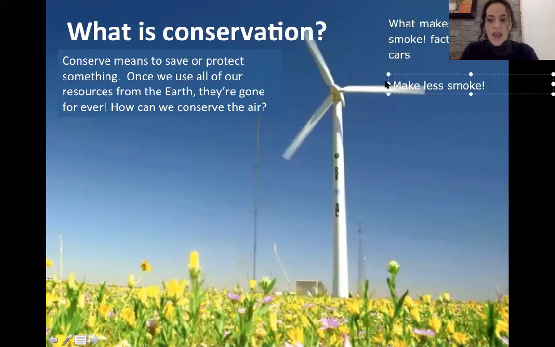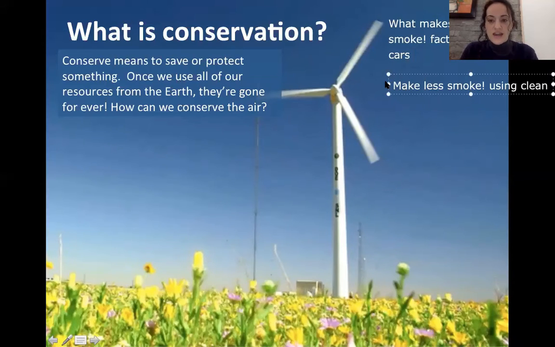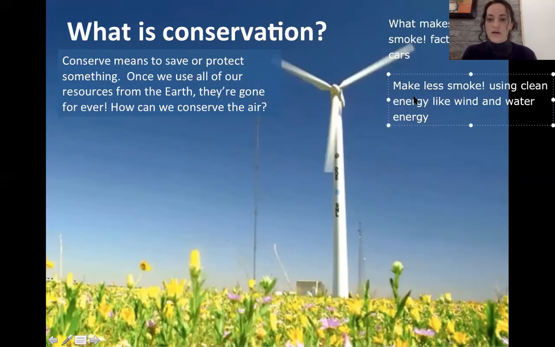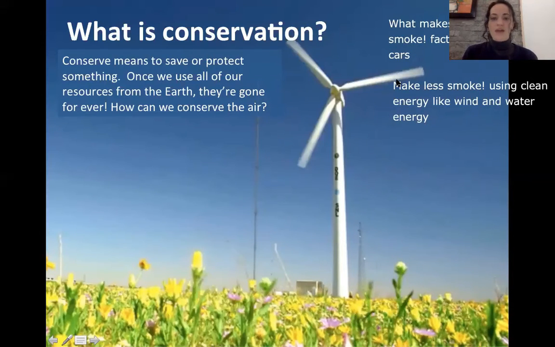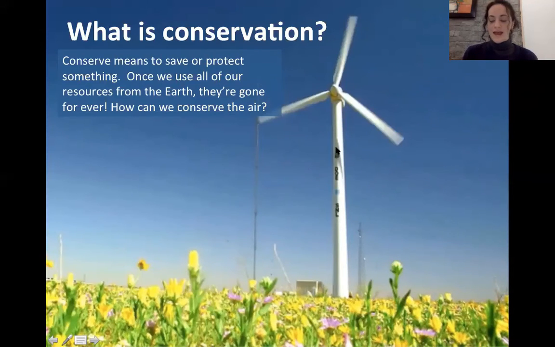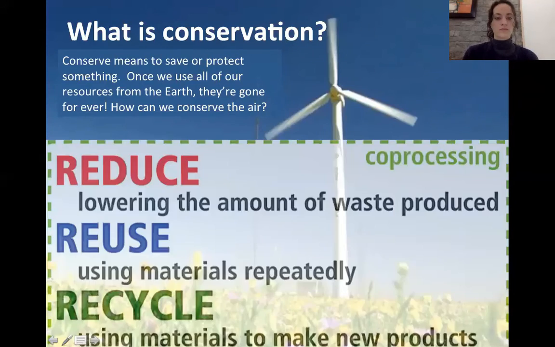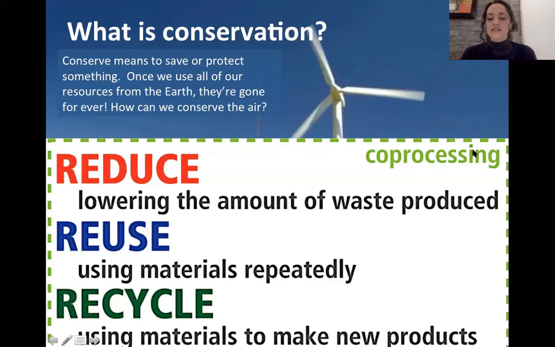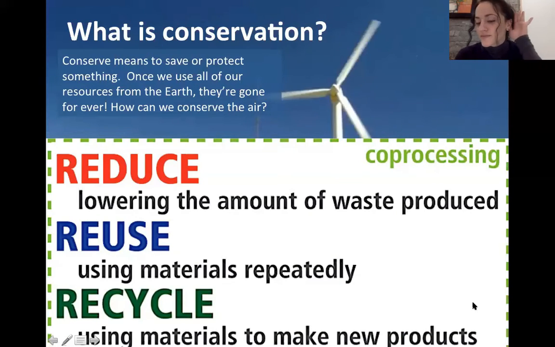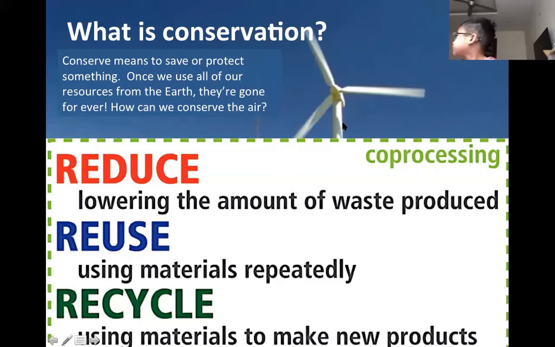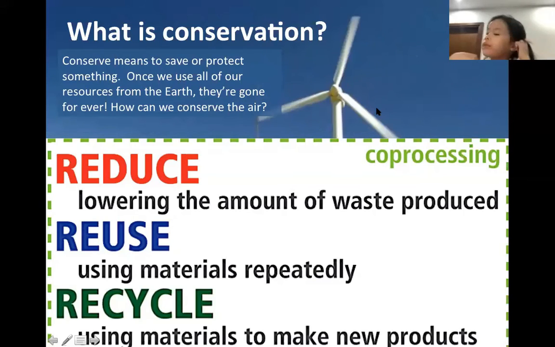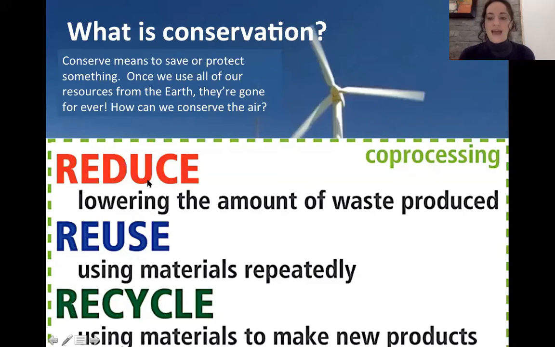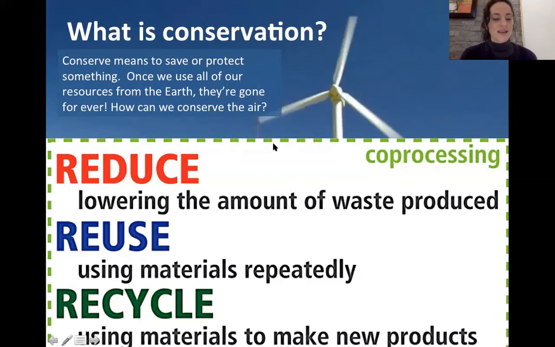We can do this by using clean energy like wind and water energy, like in this windmill right here. Okay, great work, guys. Nice answer, Rosie. All right, and let's remember, everyone say reduce. Reduce means to use less. Use less water, make less waste from plastic.